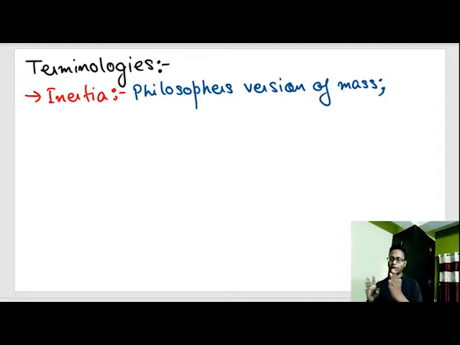Suppose I apply 1 Newton to a heavier mass and 1 Newton to a lighter mass. The term inertia was specifically coined to point out that the lighter mass will change its velocity faster than the heavier mass with the same amount of force. So inertia is nothing but a philosopher's version of mass.